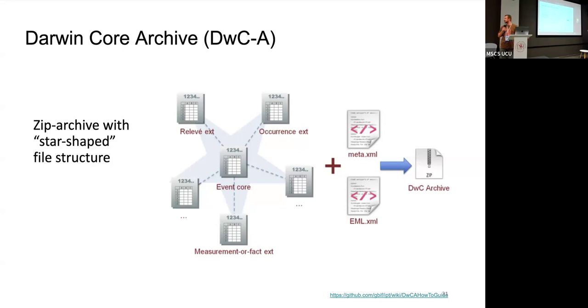But the unified structure of data and metadata allows us, if we're talking about GBIF or something like that, to make a query to the global database and extract any piece of this information into our own Darwin Core archive.